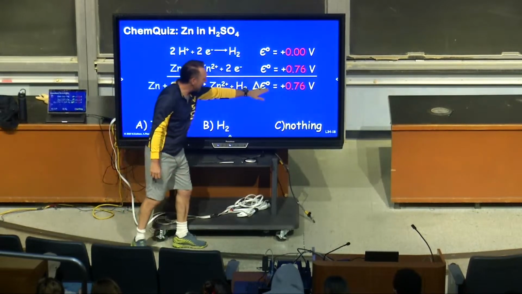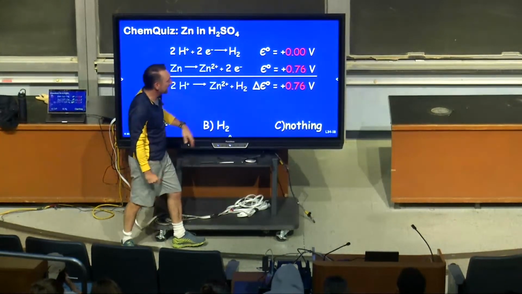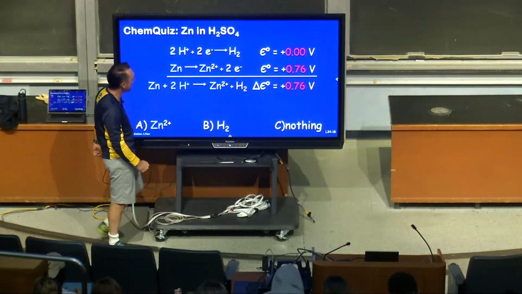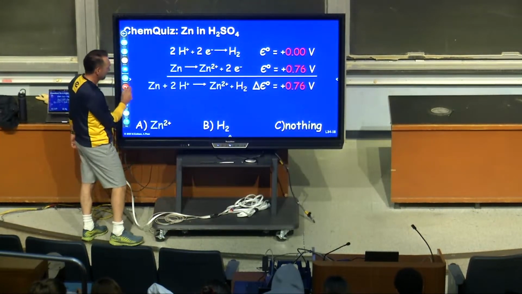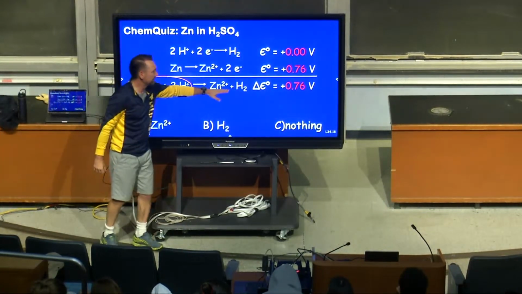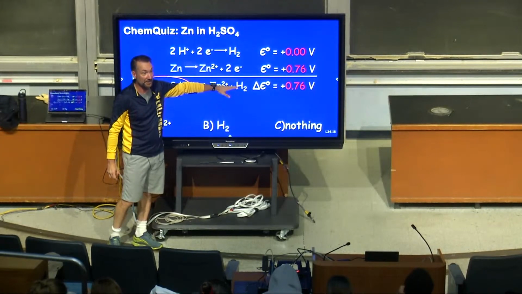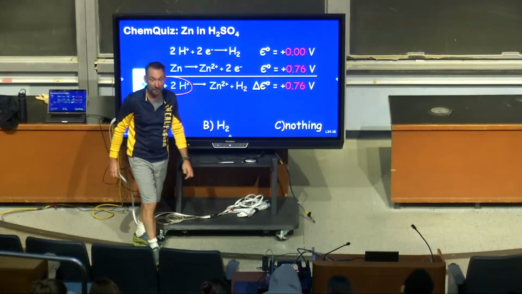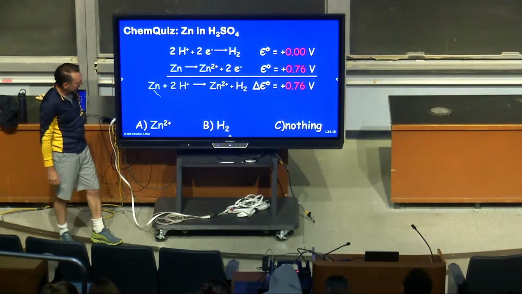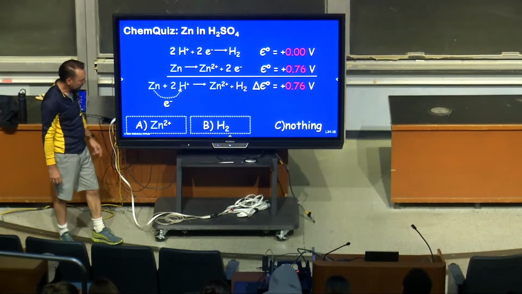And I see that positive voltage again. That means negative free energy. That means the spontaneous direction is this way, and these are the two things I put in the beaker. That means these are the two things that will form spontaneously. Okay? So, the answer there, I get both of them.